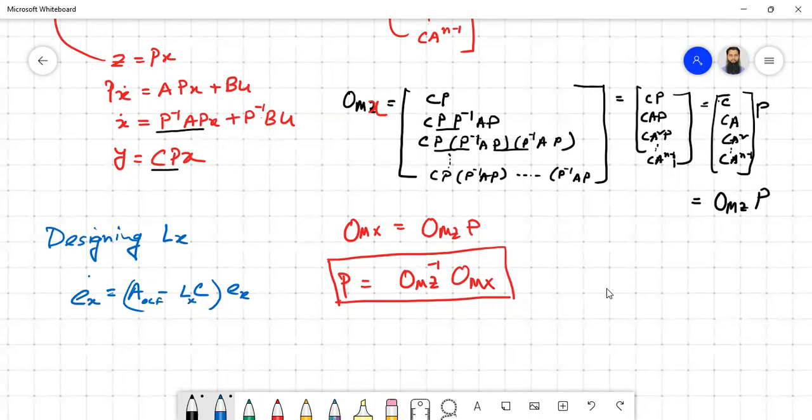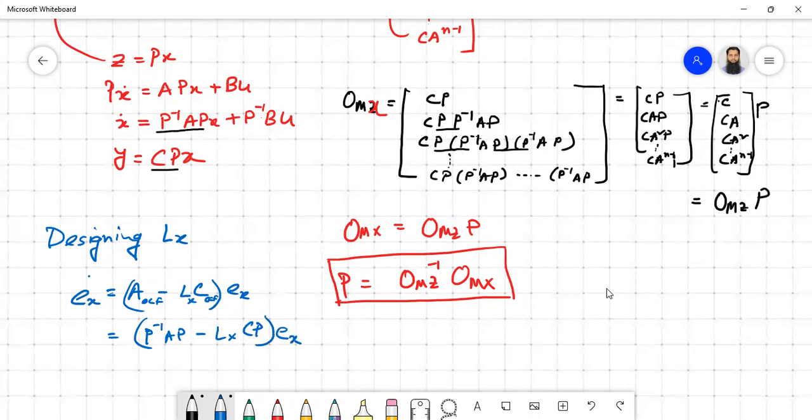So you can put X here, and C is also for observer canonical form. Bottom line is the new A and C: P inverse AP minus LX CP, times eX.